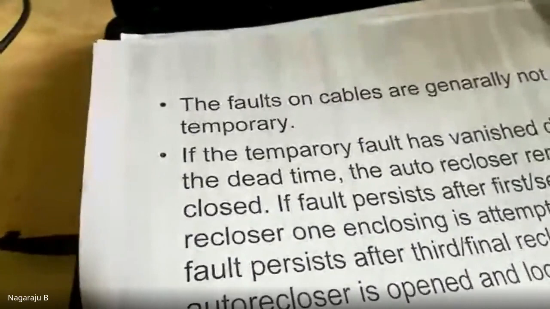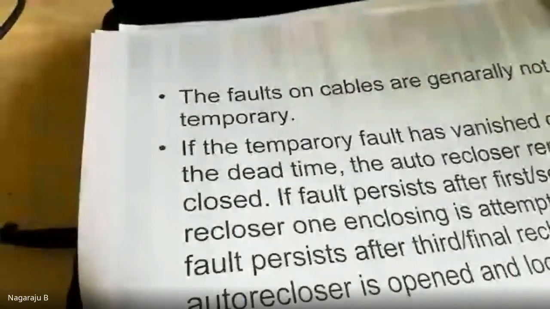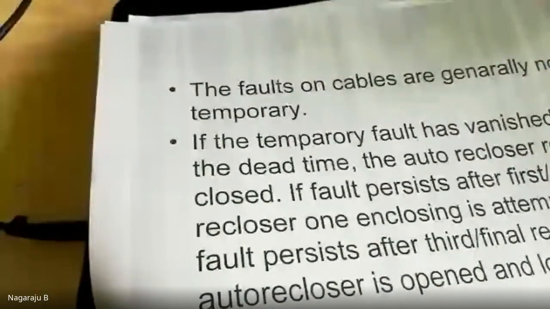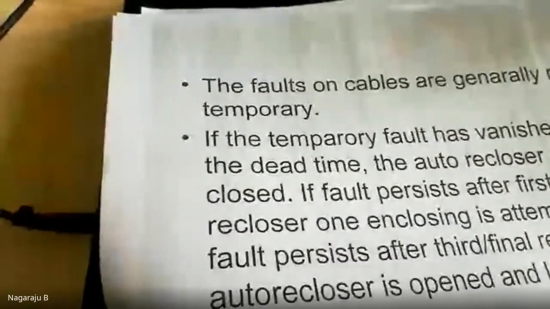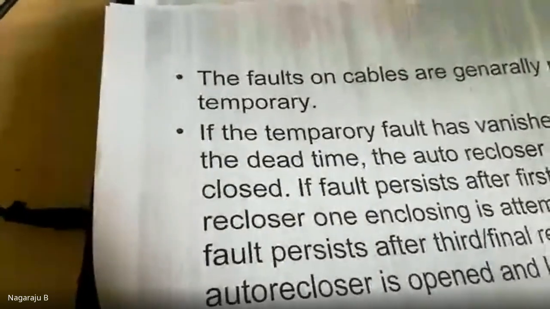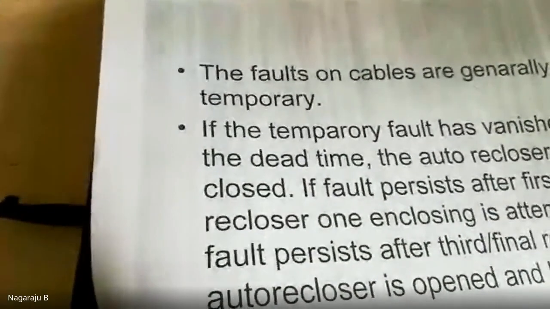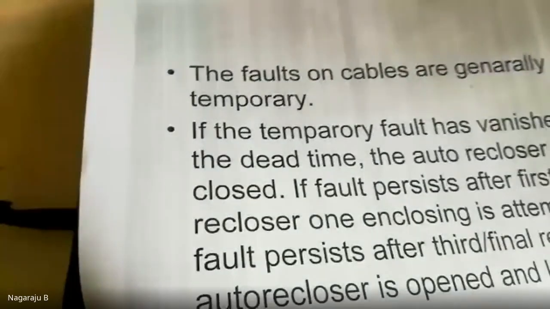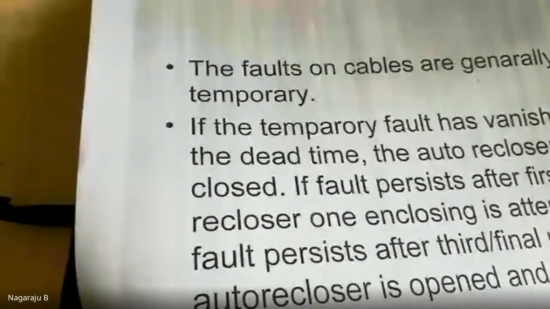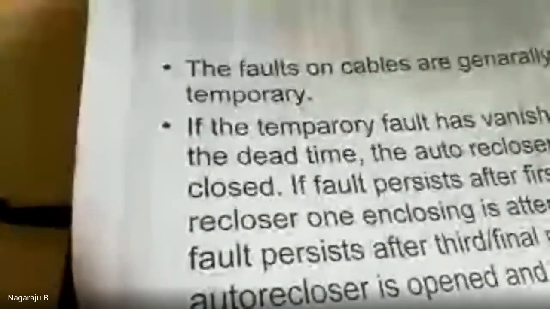Whenever the fault persists after the first and second reclose, one reclosing is attempted. If the fault is still there even after the auto circuit recloser's operation, it should automatically go for the third and fourth operation.